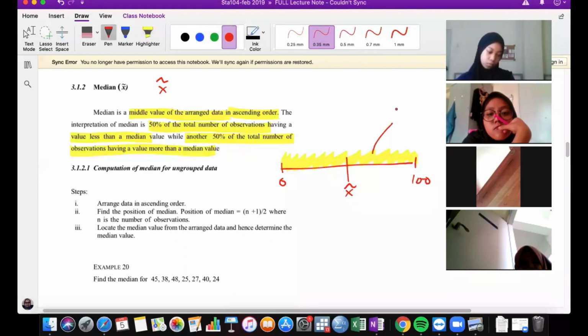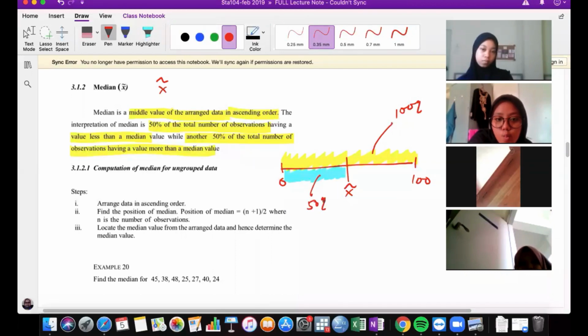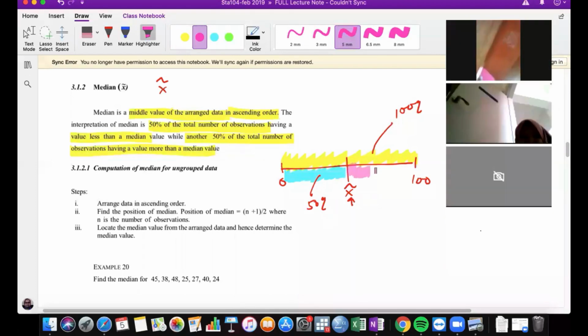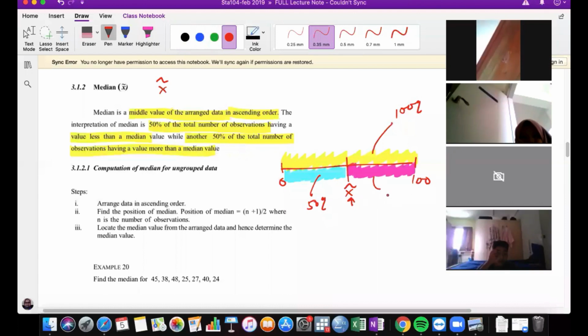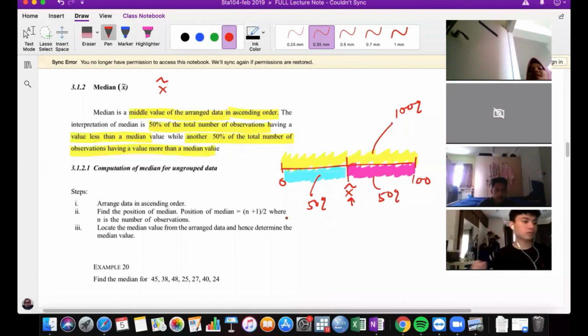So the interpretation of median: 50% of the data having value less than the median value, while another 50% of the data having value more than the median value. So this is how you interpret the median value.